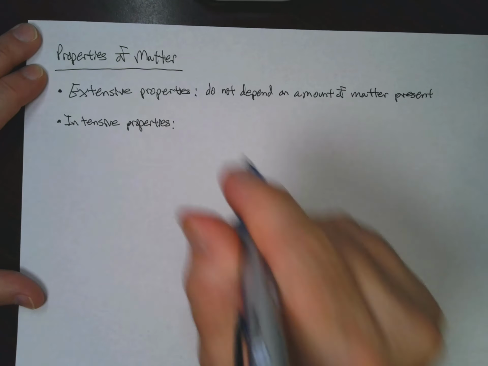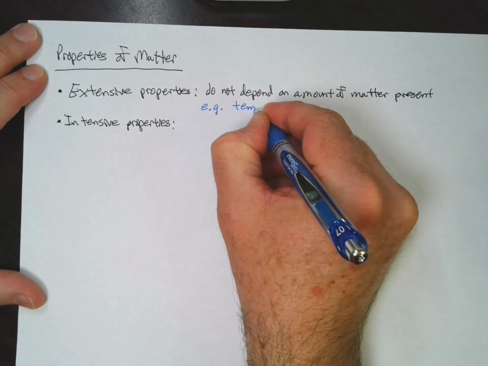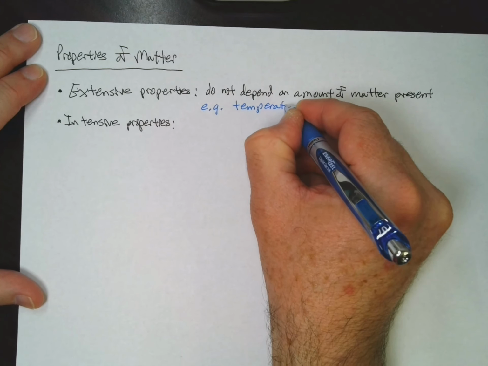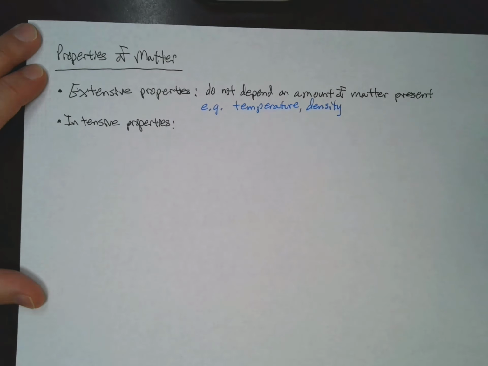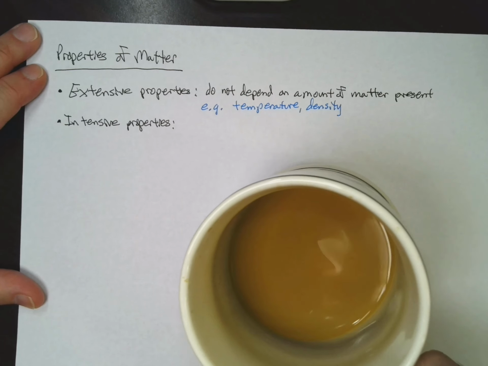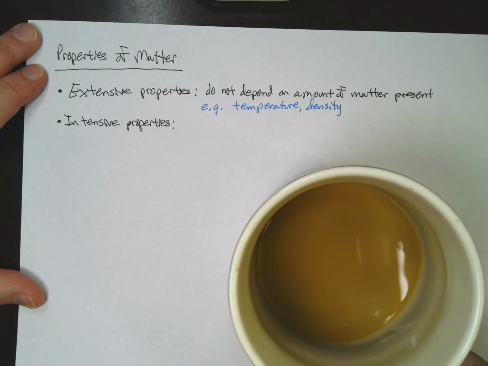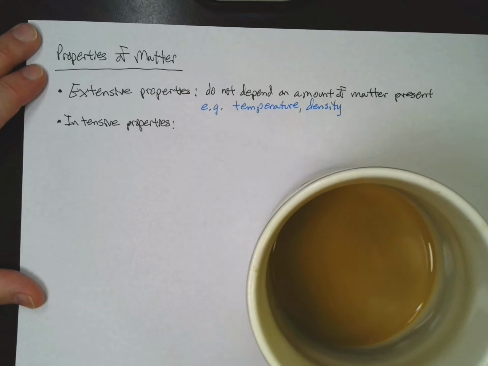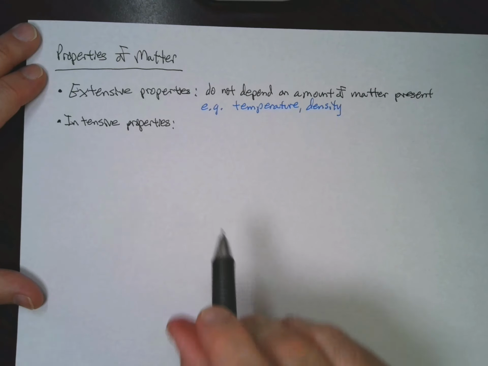An example of that would be temperature, density, and there are others. So for example, my coffee is the temperature it is. It's getting down to room temperature, so I'm going to have to go throw it in the microwave. But it doesn't matter how much of it I have, it's still the same temperature. I can drink half of it and the remaining half will still be the same temperature.